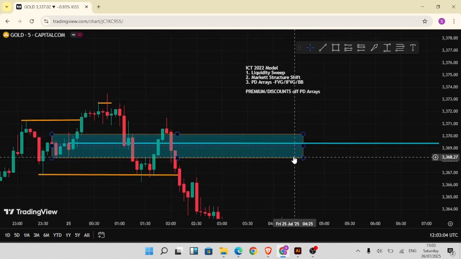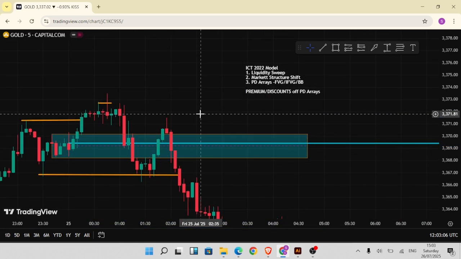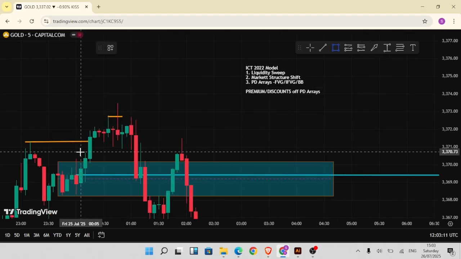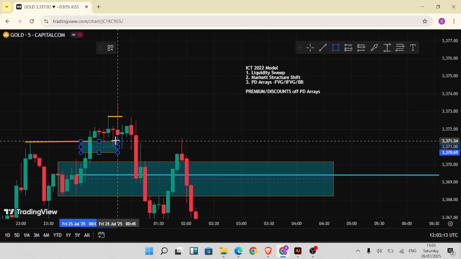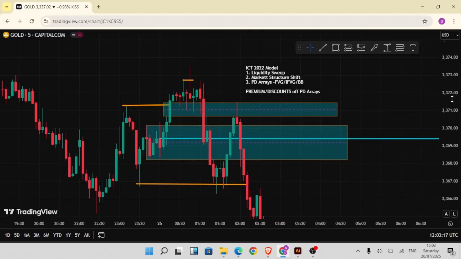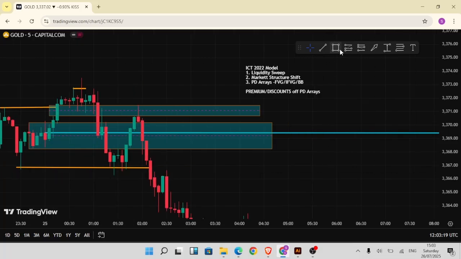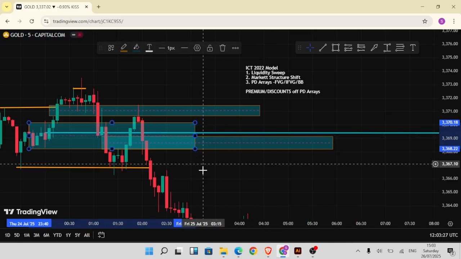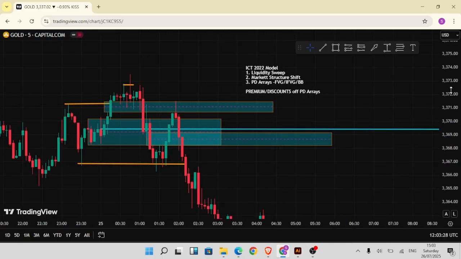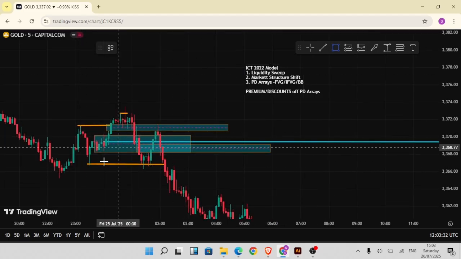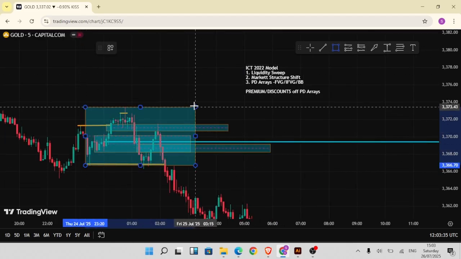So we have breaker block, that breaker block we have, this inverted fair value gap. What else do we have? We have this fair value gap. 3 PD arrays in an area of interest, which is this area here.